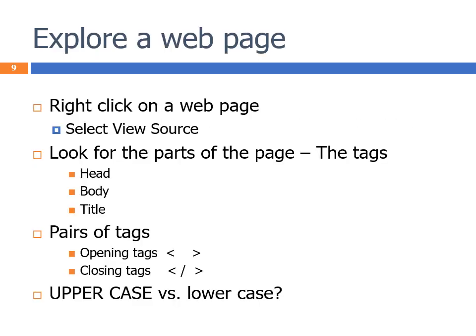If you want to see the HTML of any page you are using on the web browser, you can just right click on the page and click on view source. You can see that this web page is made up of parts starting with head, body, title, and you can see the pairs of tags. This will help you understand how web pages are created.